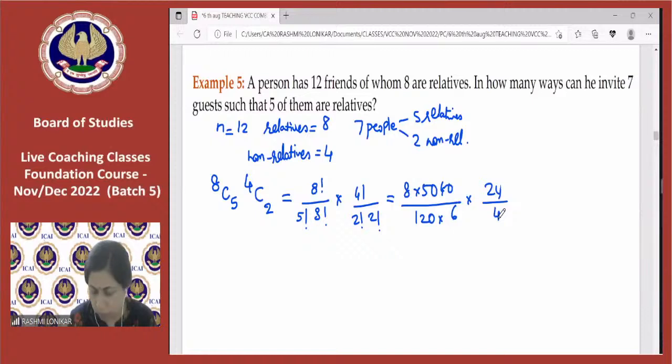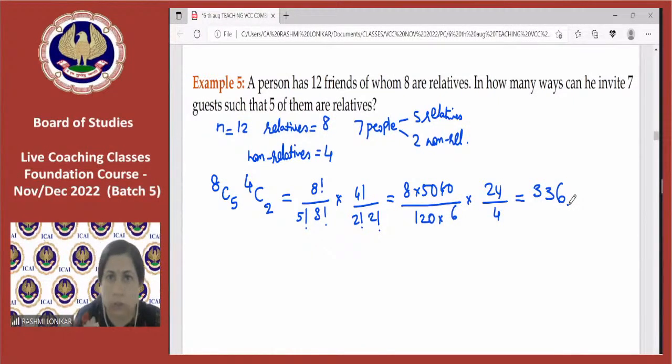Eight into 5040 is 40320, divided by 720 is 56, divided by 4 into 24. 336. Okay. This is equal to 336.